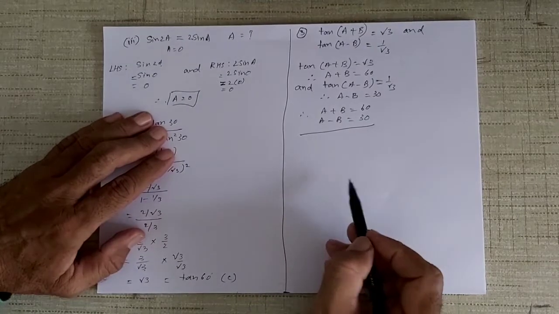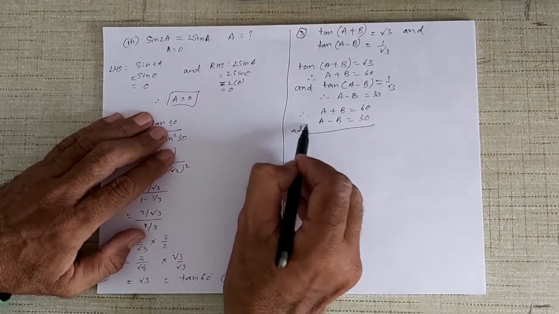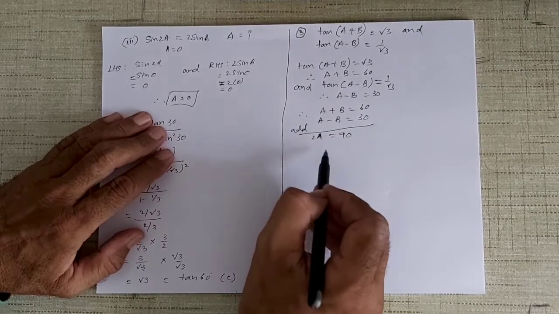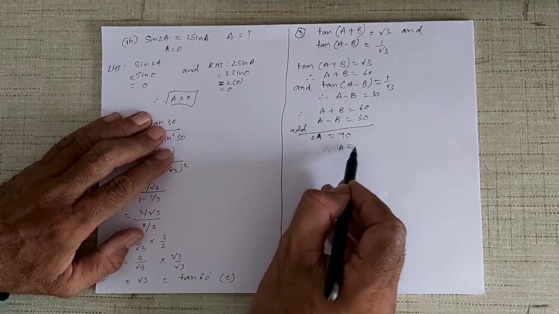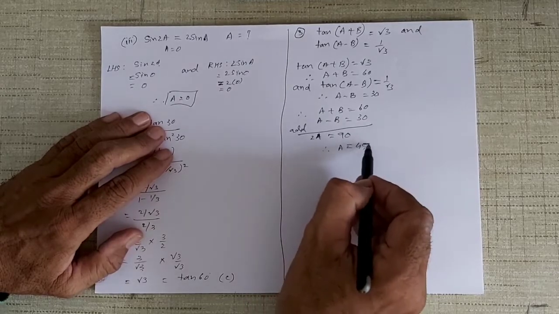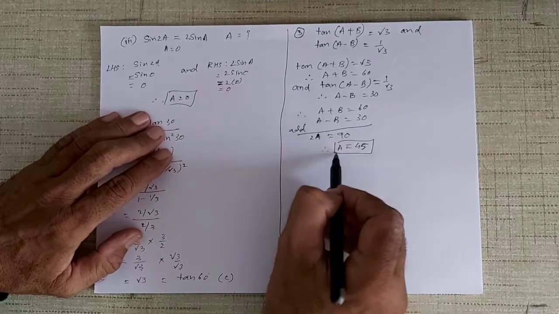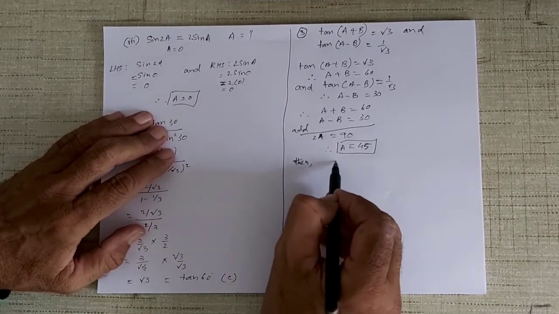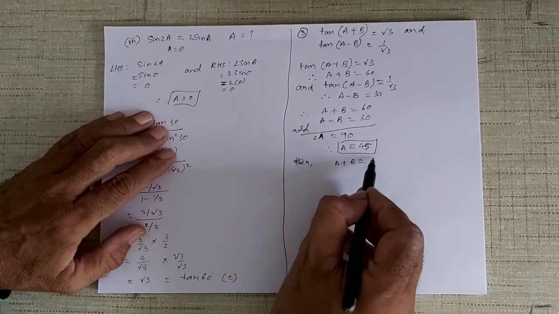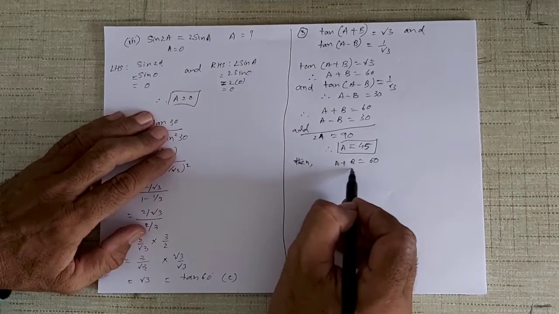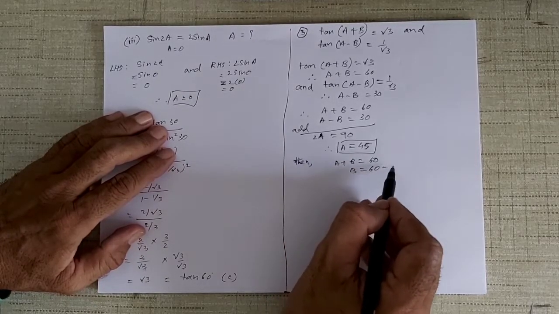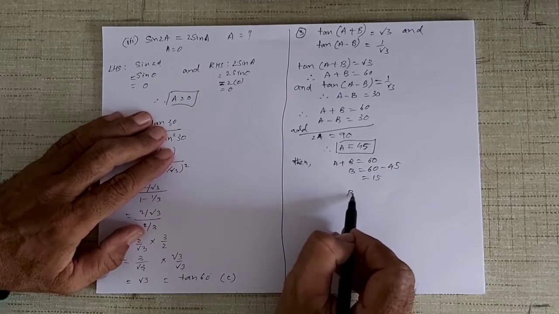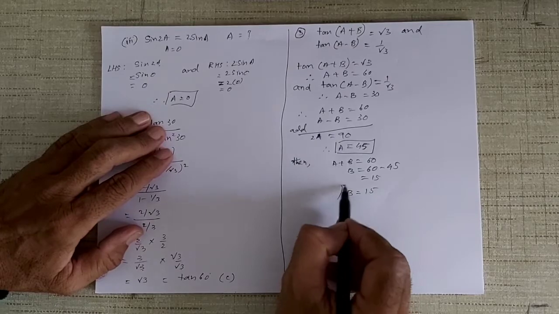If I solve these equations, all I have to do is add them up. 2A is equal to 90. Therefore, A is equal to 45 degrees. Now, if A is 45, then A plus B is equal to 60, so B is equal to 60 minus 45, which is 15. Therefore, B is equal to 15.